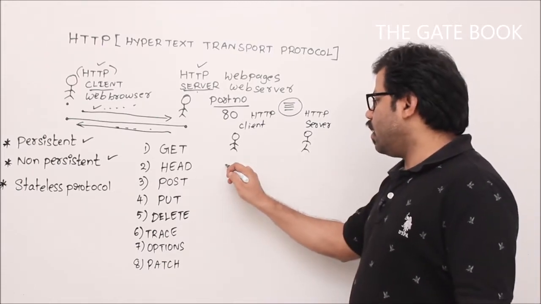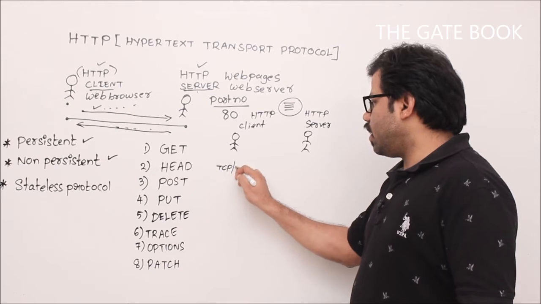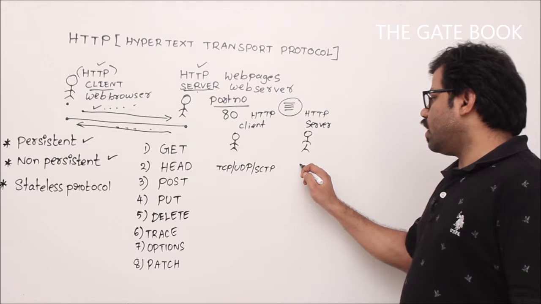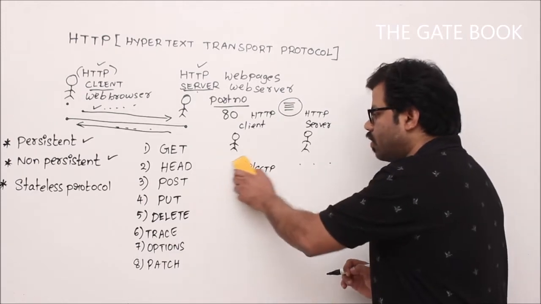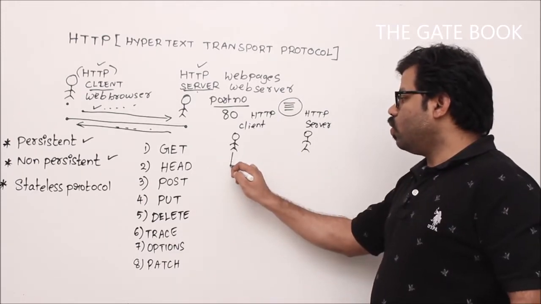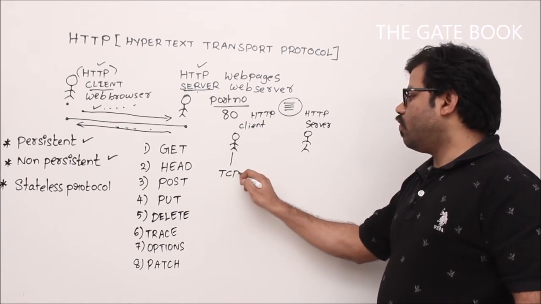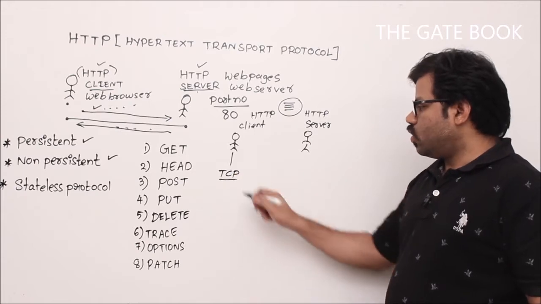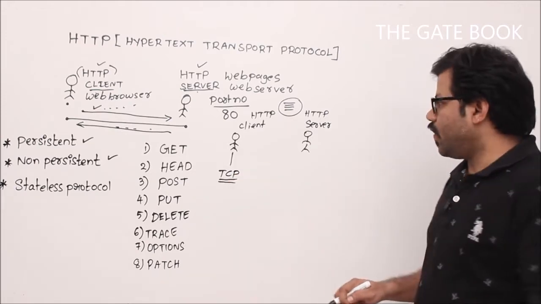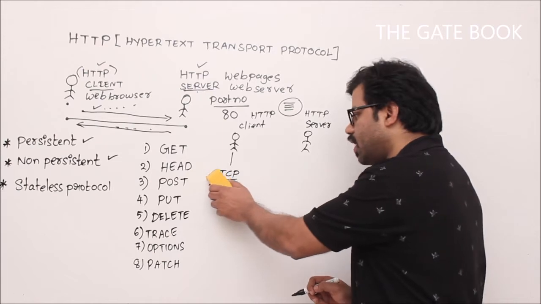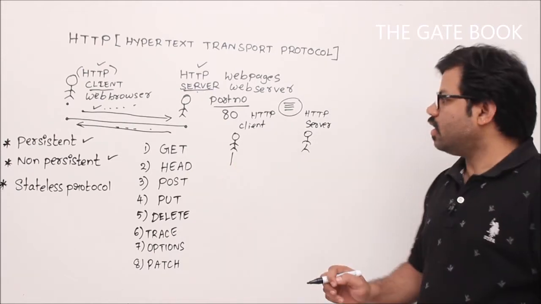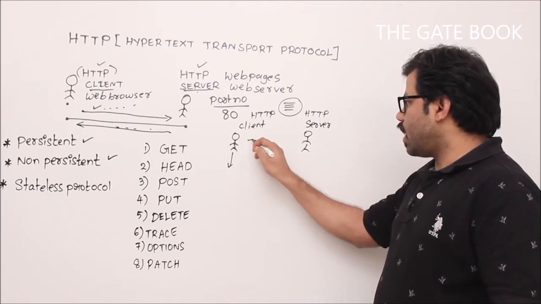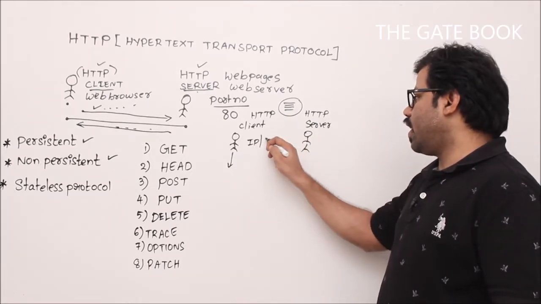Now we have TCP, UDP, SCTP here, and also on the other side. The client generally uses the TCP protocol, because there should be a connection establishment between them. That's why the client calls TCP, since TCP is a connection oriented service. First the client somehow finds out the server's IP address and server port number 80.